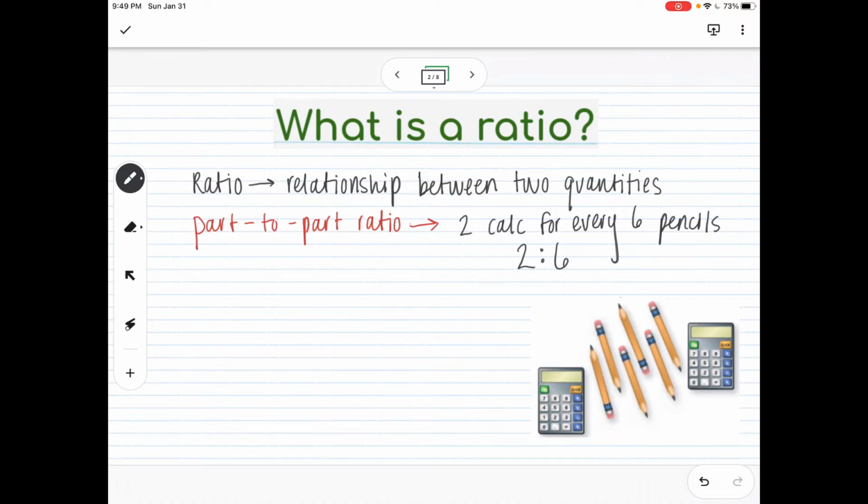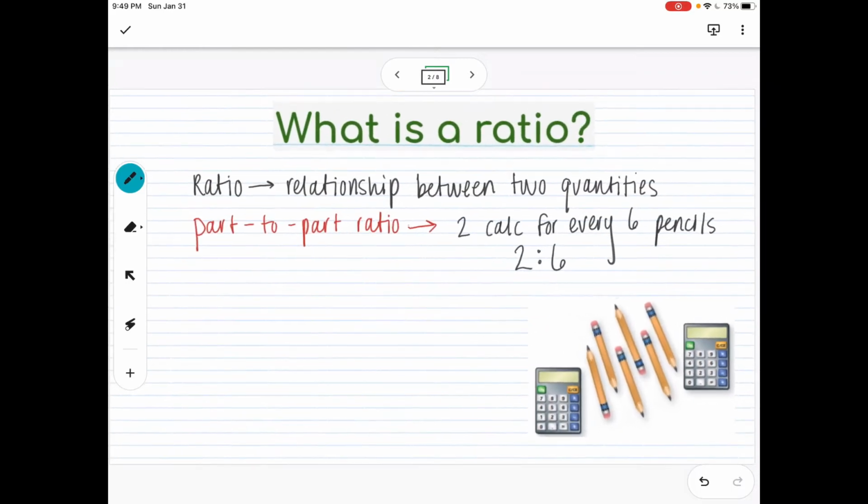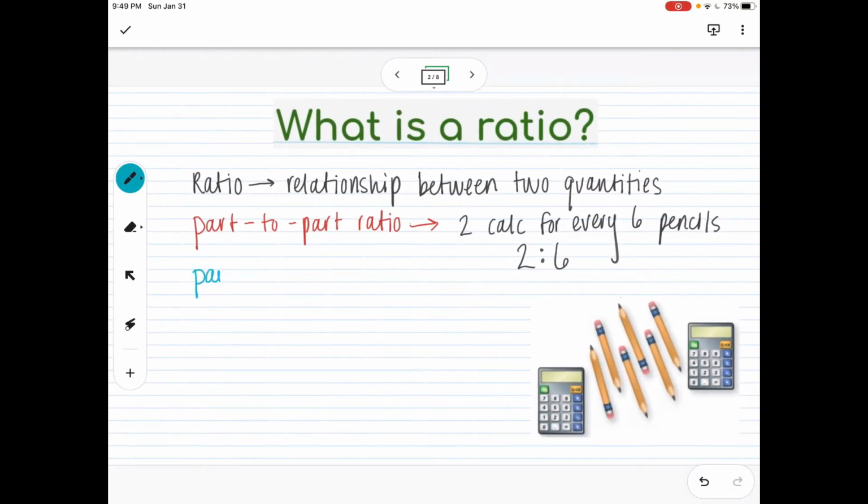Other than that, we have something called a part-to-whole ratio. And similar to what our other name said, the name describes this as well. Rather than the part compared to the part, it describes the parts compared to the whole. So for example, here we can say that there are 2 calculators for every 8 in the set. Would you agree?